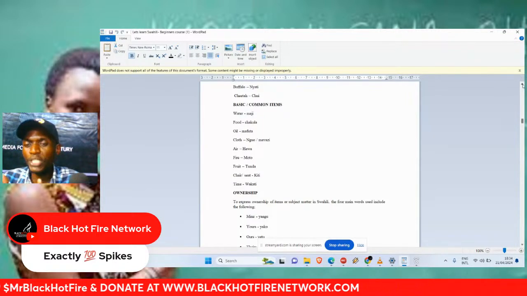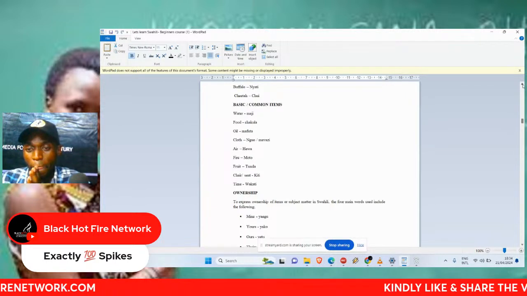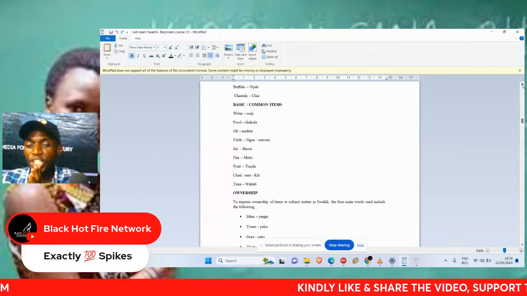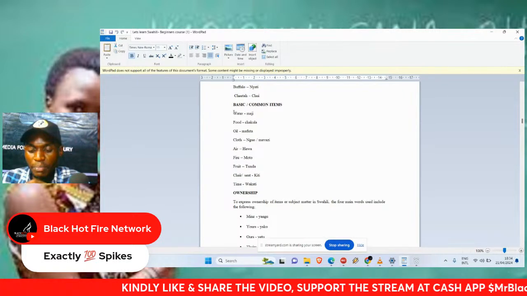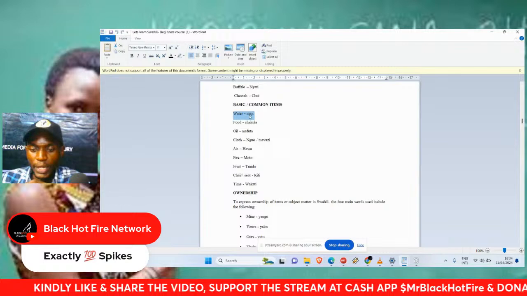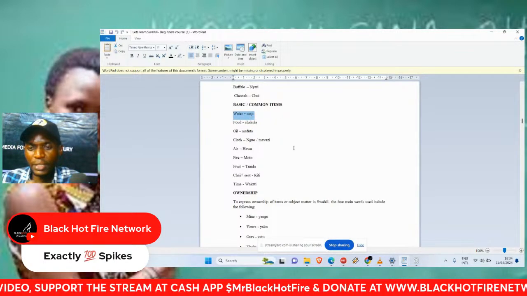For example, let me give an example of water, which is a basic item in Swahili. Water is maji. Swahili words are read almost as directly as they are written.